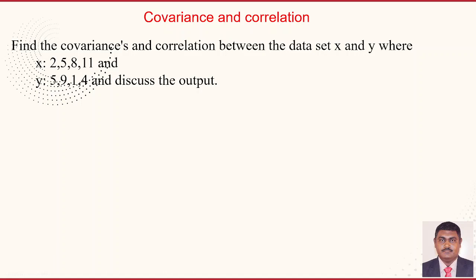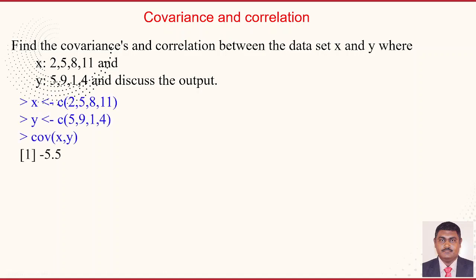Now let us see this in R programming. This is the input. In the R program we give the variables: x is c(2, 5, 8, 11), and y is c(5, 9, 1, 4), and the function cov(x, y). If you enter it, then minus 5.5 comes.